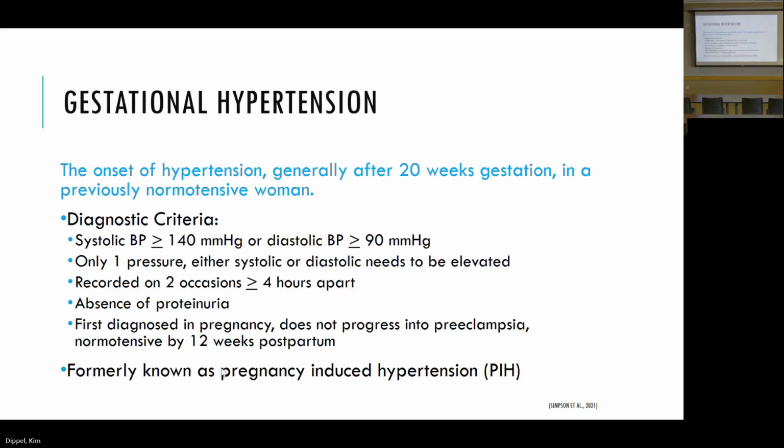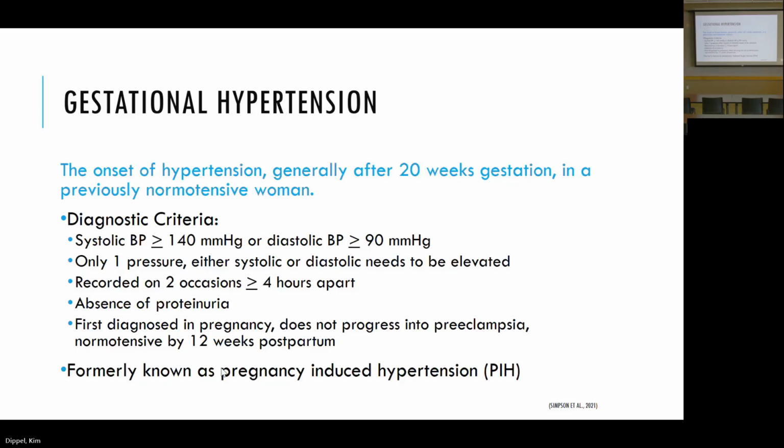Gestational hypertension is the onset of hypertension generally after 20 weeks gestation, when a woman is previously normotensive. The diagnostic criteria is a systolic blood pressure greater than or equal to 140 millimeters of mercury, and or diastolic blood pressure greater than or equal to 90 millimeters of mercury.